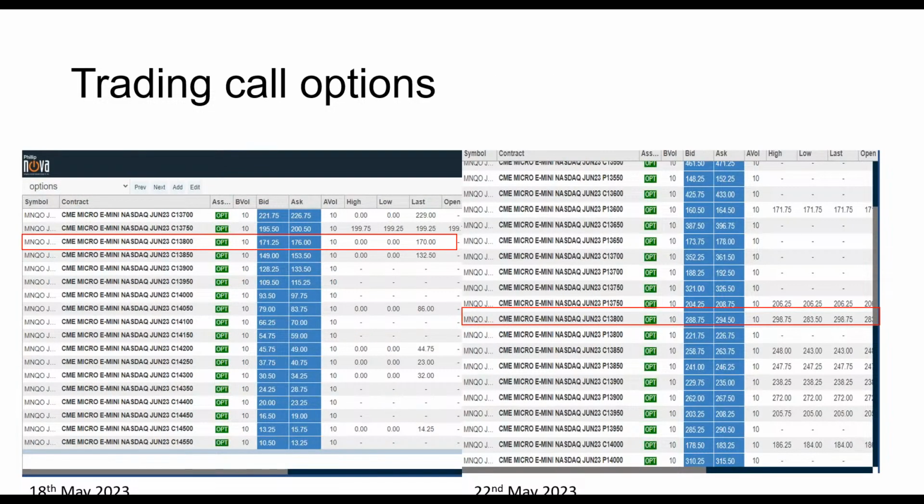So another way to trade call options in a very simple fashion is that if you have a view that the micro E-mini Nasdaq is going to go higher, you can just buy a call at a particular strike price. In this case, it's looking at a call at 13,800, and just within a couple of days, the call value actually increased about 100 ticks.